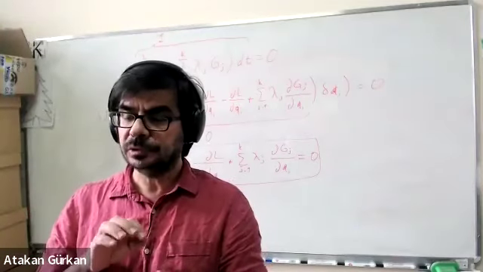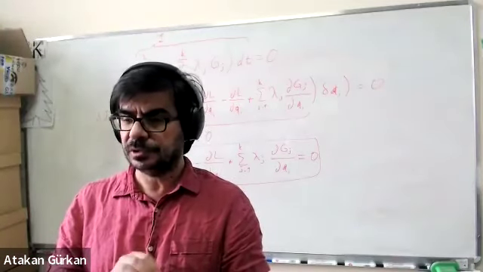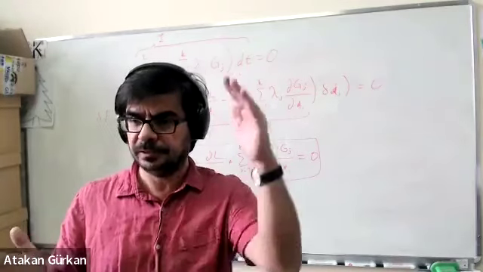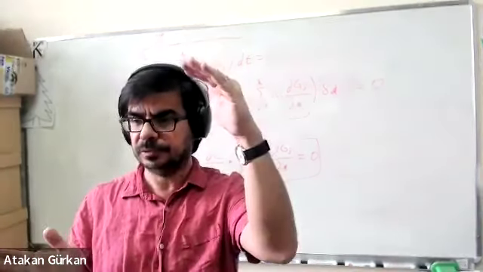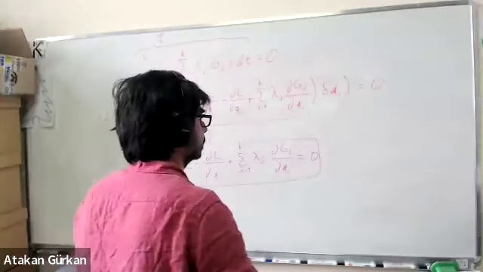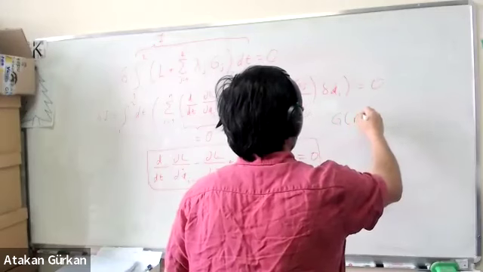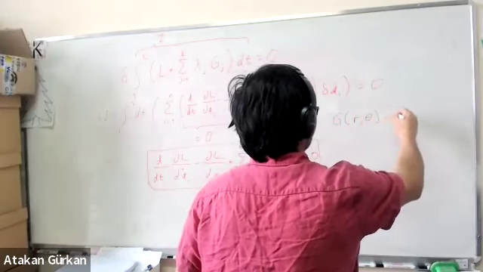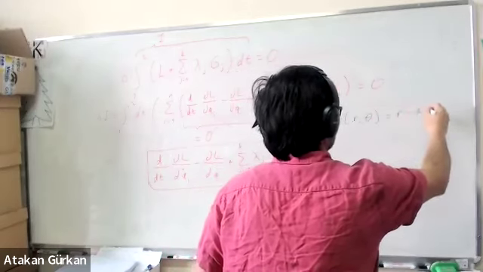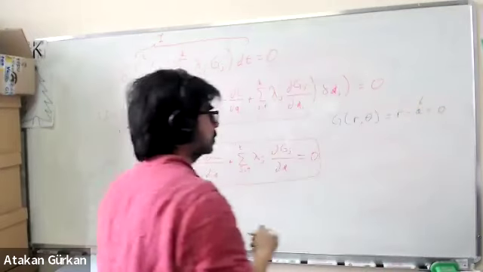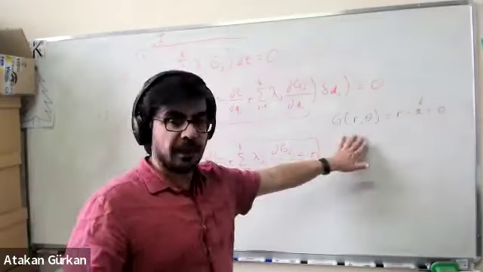If you want to utilize the constraint equation, it's going to be r minus a, where a is the distance of the bob from the pivot point, equal to 0. So g of r, theta, let's say r minus a equals 0. This is a constant, the length.